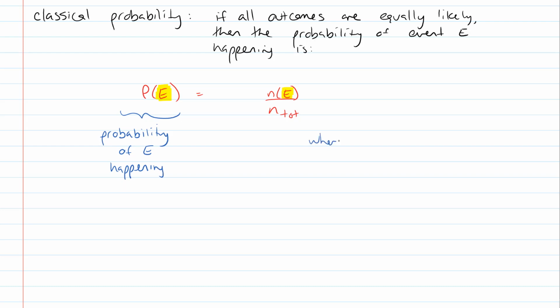And where N of E is equal to the number of ways E can happen, and N total is equal to the total number of outcomes.